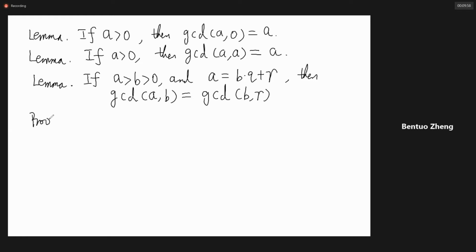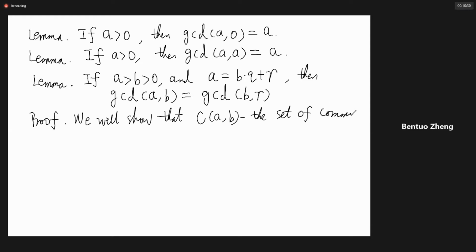Proof. We'll show that C(a,b), which means the set of common divisors of a and b, is equal to C(b,r), the set of common divisors of b and r.